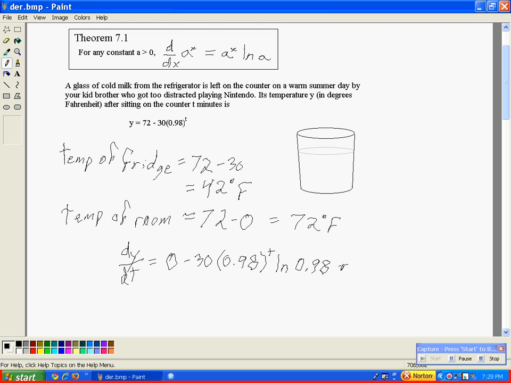Okay, now we could simplify that, and that is about 0.606.